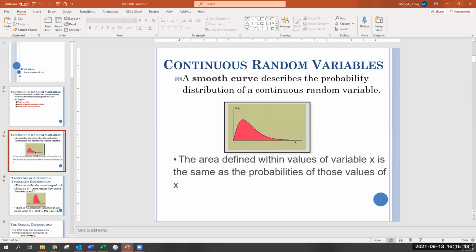And we know that if we sum up the probabilities of all possible outcomes for any kind of experiment, right? So it's called our sample space, those probabilities will always sum to exactly 1.